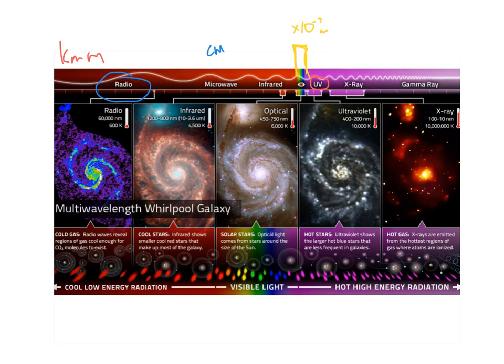Remember this one, v equals f lambda. Everything travels at the same speed, so that's c now. But if the wavelength is long, that means the frequency is low. So these radio waves have very low frequencies. They're very low energy waves.